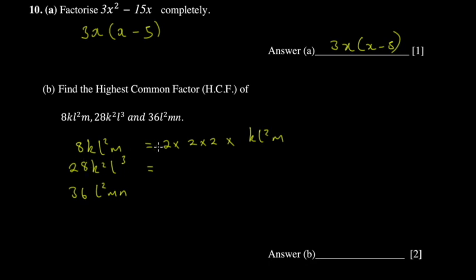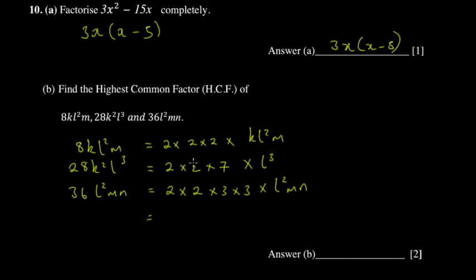Then this one would be 2, then you are left with 14, right? By 2. Then we're left with 7, right? By 7. Multiply by l to the power 3. Then this one would be 2 by, so divide by 2 you get 18. Then 18 divided by 2 you get 9, times 3 times 3 times l squared m n, like this.